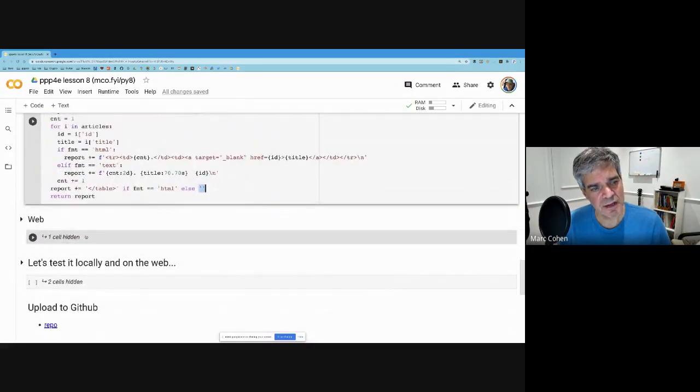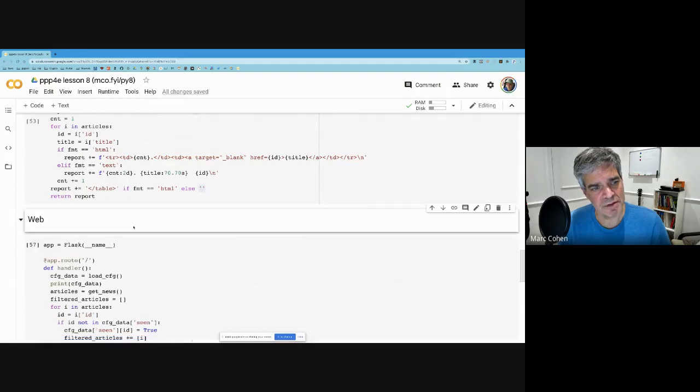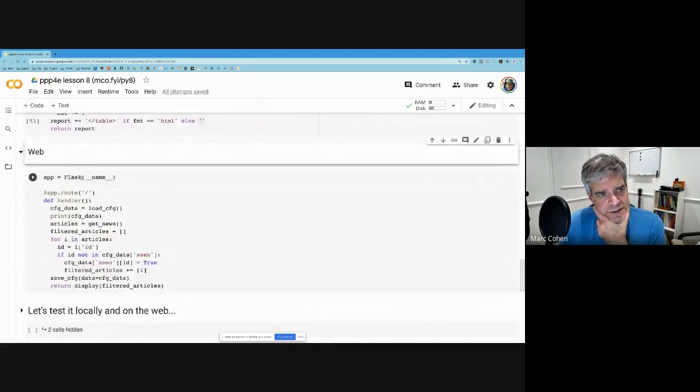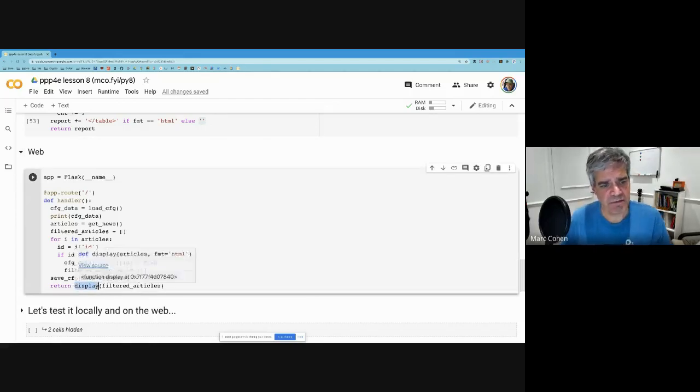Now the last one I call the web module, and this is just my web server. It's quite short. It's using this Flask library I showed you earlier, and it has this one function that goes and gets the config data, then it gets the news, and then it filters the news to make sure I haven't already seen this article. And then it displays, calling this new display function.